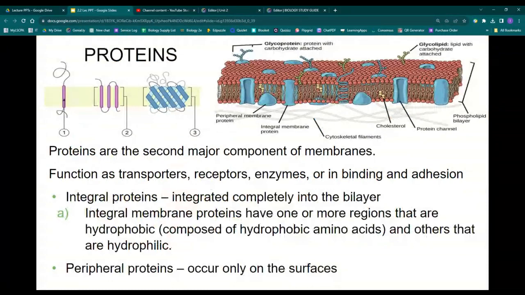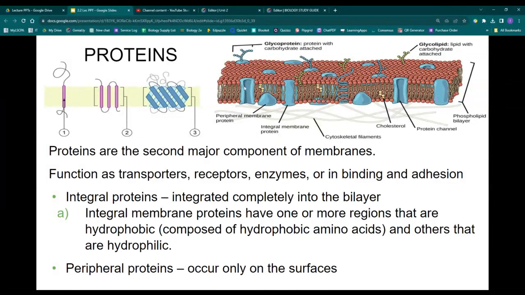Proteins are the second most abundant part of the phospholipid bilayer of the plasma membrane. Lots and lots of proteins, and they come in two main categories. Integral proteins are integrated completely into the phospholipid bilayer.